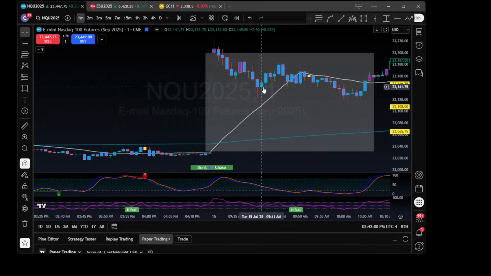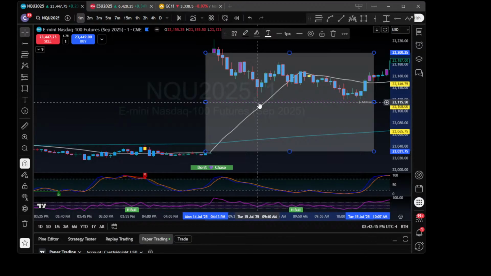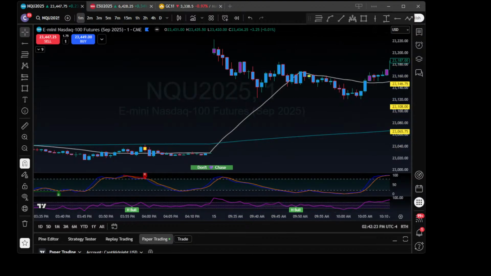This is what's been frustrating about July for fair value gap traders like myself. Just grinding, grinding, grinding. I'm probably gonna tell the group not to even watch this because this is no trade again. On the 15th, no trade.